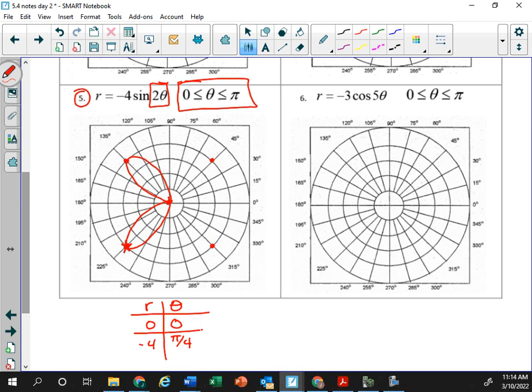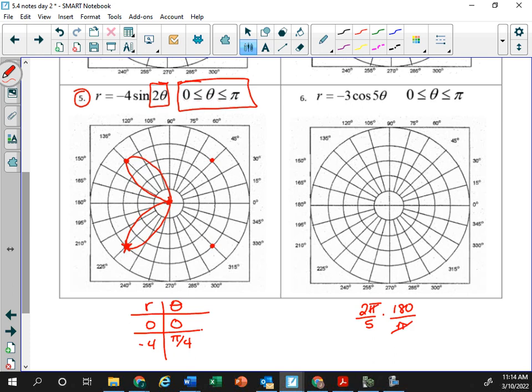You got 0, good. 2 pi over 5. What is 2 pi over 5? 0.4, so I know it's like here. No, like if you actually considered it. So like pi over 5, that sort of thing.